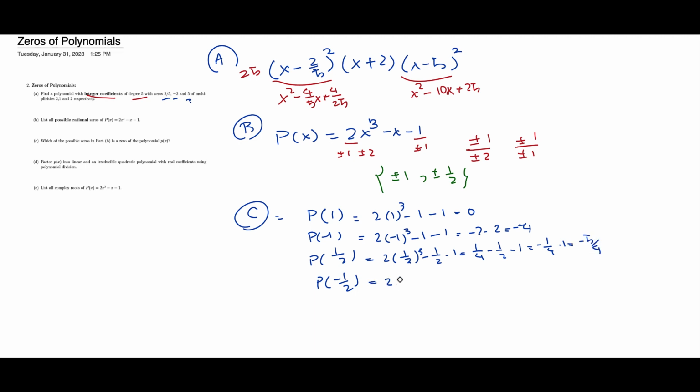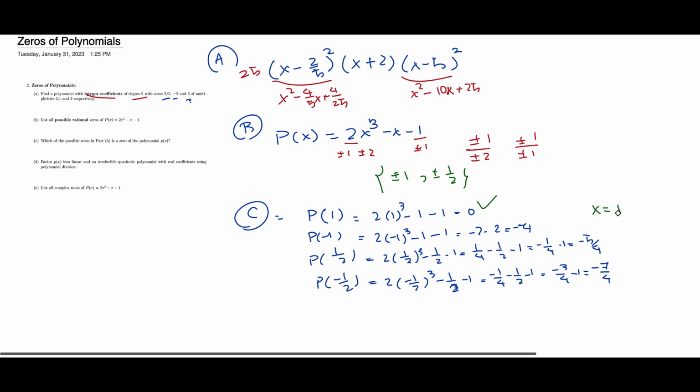And similarly -1/2 is going to give me negative 1/4 minus 1/2 minus 1, which is negative 3/4 minus 1, which is negative 7/4. The only one that satisfied the condition was the first one, and that's the answer. So x equal to 1 is the answer.